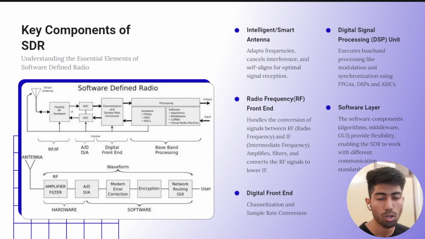FPGA means field programmable gate array, flexible hardware that can be programmed to perform specific tasks. A DSP, digital signal processor, is a specialized microprocessor optimized for high-speed mathematical operations. ASICs, application-specific integrated circuits, are custom-designed chips built to perform a specific task very efficiently.